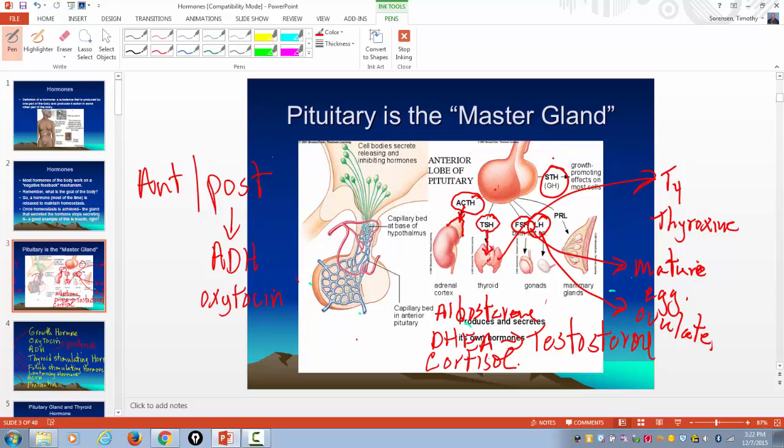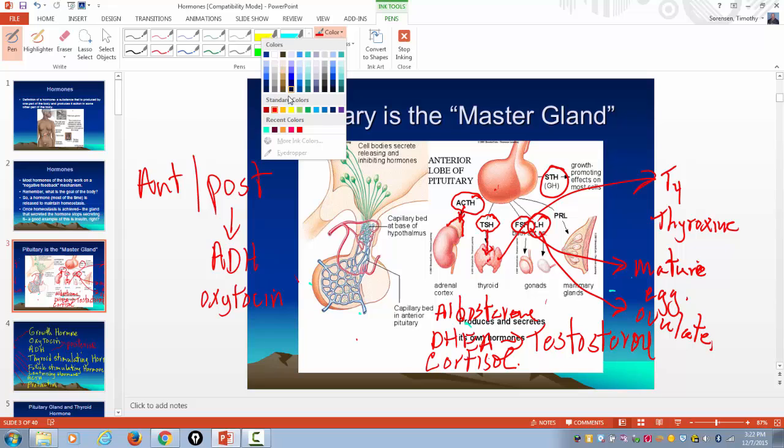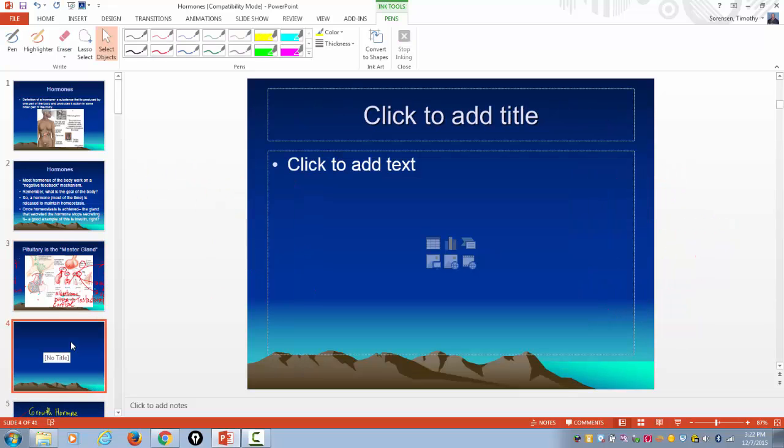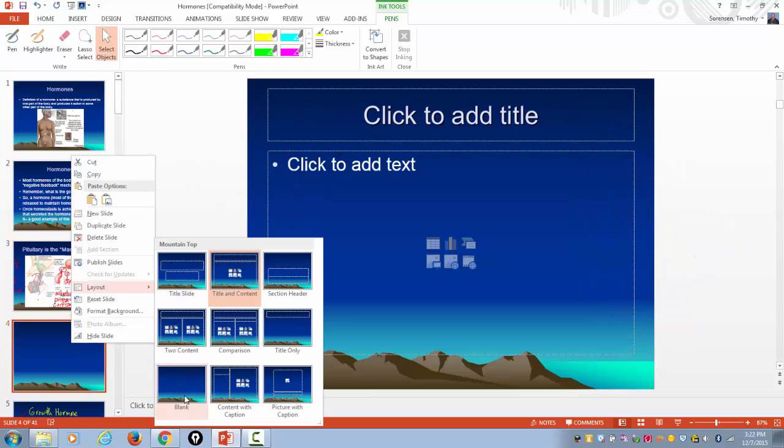So let's do this first. Let's start out with ACTH. Now this is important. If you recall, cortisol is your chronic stress hormone.